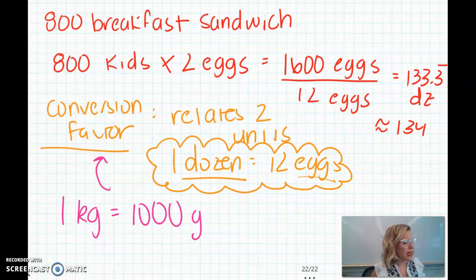So what then, you may ask, is dimensional analysis? Well, dimensional analysis sounds super scary, but it's not actually scary because it's actually in the long run going to be super, super helpful for us all.